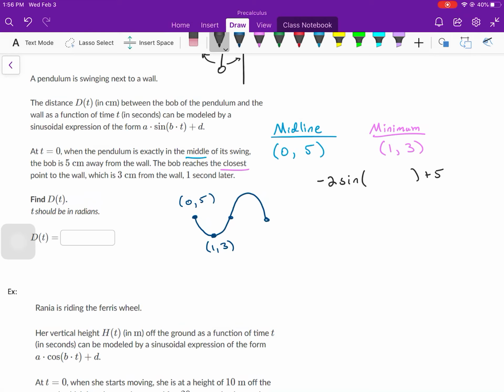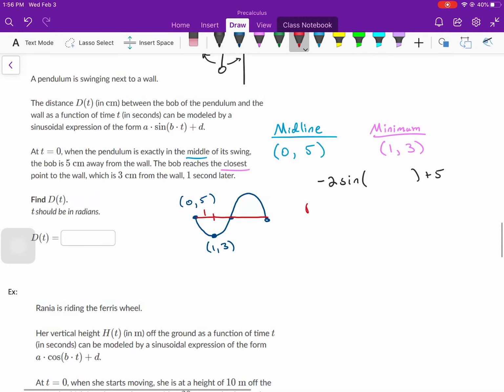So we're off to a great start here. Now we need to know our period. Well, we know a quarter of the distance. The quarter of the distance is the difference in the x values, which is 1. So the whole distance is going to be 4. So remember, our period equals 4. In other words, 2 pi over b equals 4. So 4b equals 2 pi.